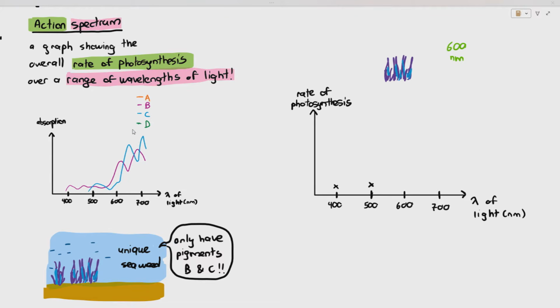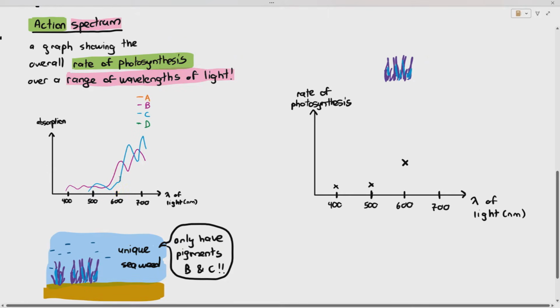What about 600 nanometers? Let's look at 600 nanometers. Well, at 600 nanometers, pigment C is not so good at absorbing, but pigment B, the purple one, is actually quite good. It's not fantastic, but it's okay. So the rate of photosynthesis becomes slightly higher.